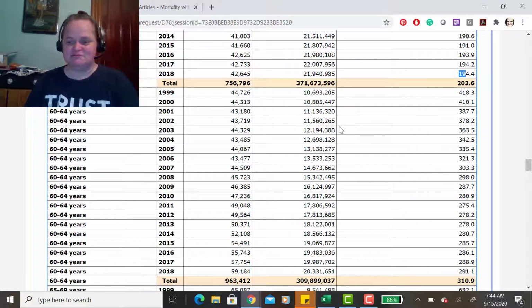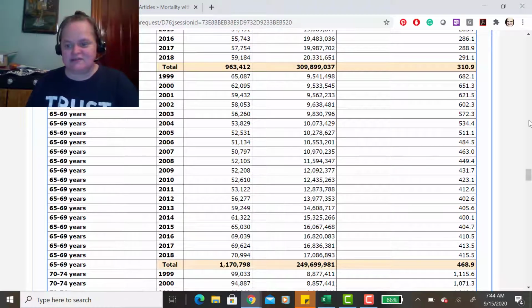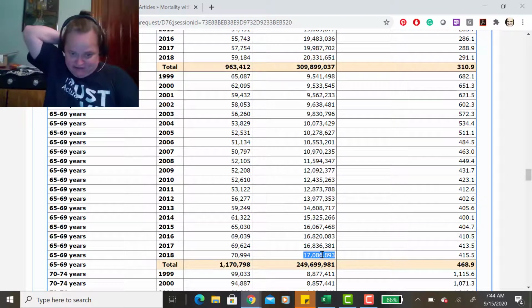Okay, that's 10 basis points, not too bad. 65 to 69, 0.7% down to 0.4%. And this is where we're seeing so much improvement. And again, we can see these numbers going up partly because people are living longer and partly because of the aforementioned boomers. So we have boomers in the 65 to 69 in 2018.